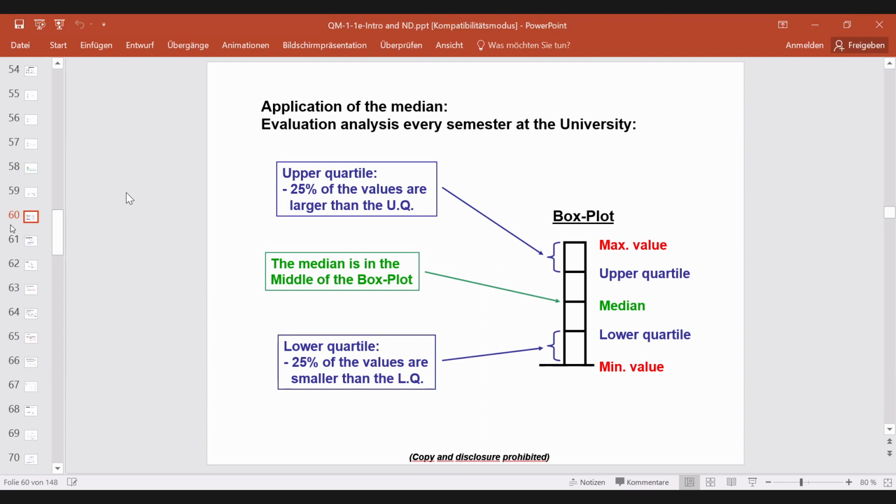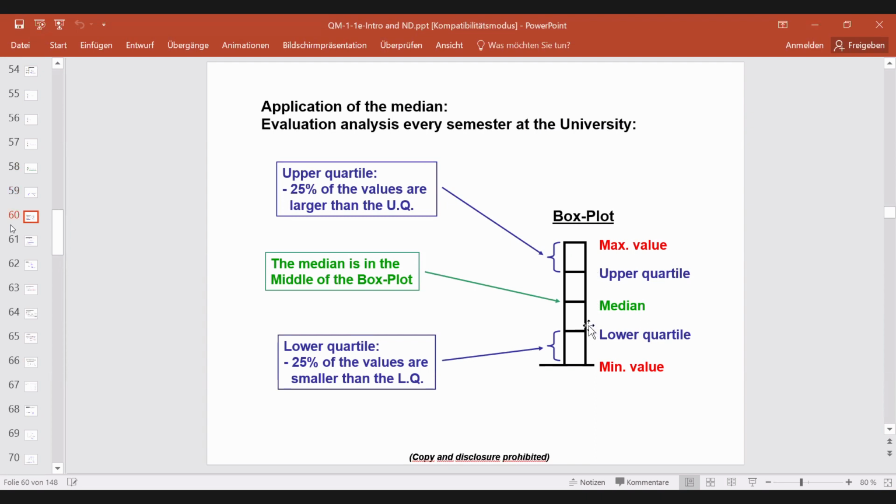But the basis of the box plot in many cases is the median value. The median value, you see here in the middle of the box plot, this is the median value of the measurements. And now you have an upper and a lower quartile.